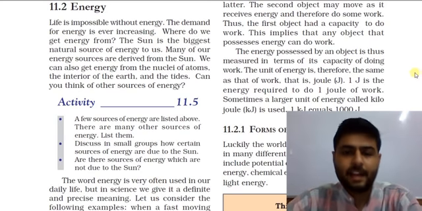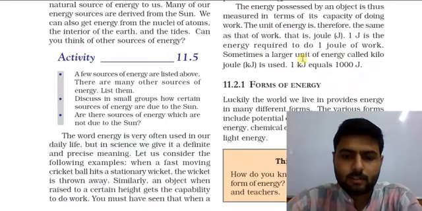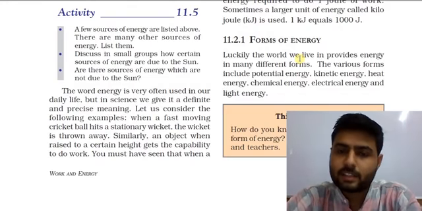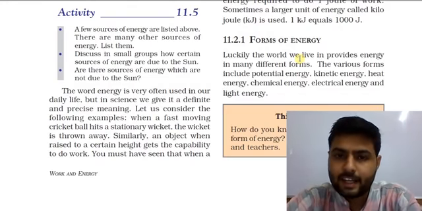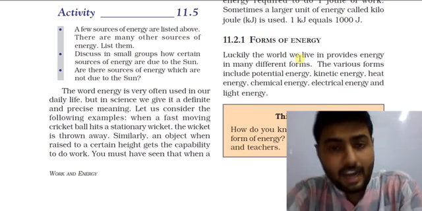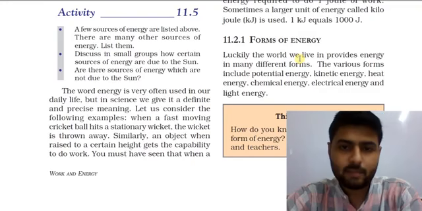Energy may be in different forms. We discussed that we have many forms of energy. For example, nuclear energy, kinetic energy, potential energy, heat energy, electrical energy, light energy, etc.